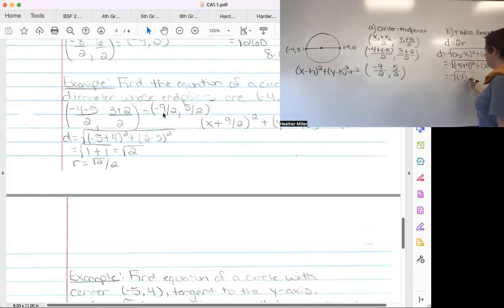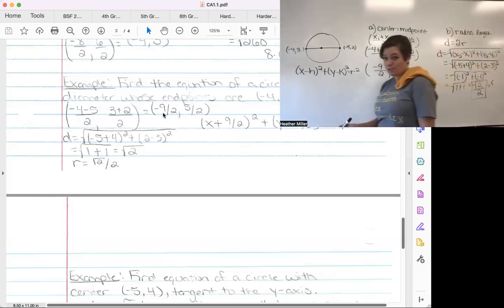So this becomes a -1 squared plus a -1 squared, which is 1 plus 1, which is square root 2. Now, remember, this value that we just found is the distance of the diameter. So the radius, we have to divide that by 2. So our radius is actually the square root of 2 all over 2.